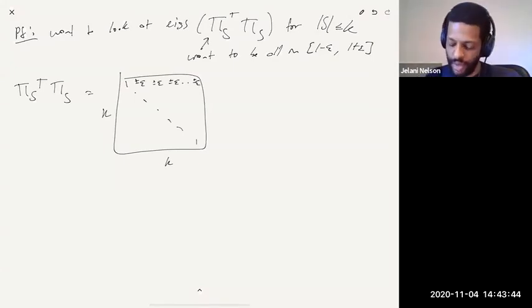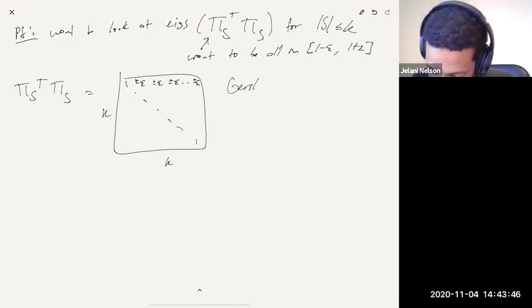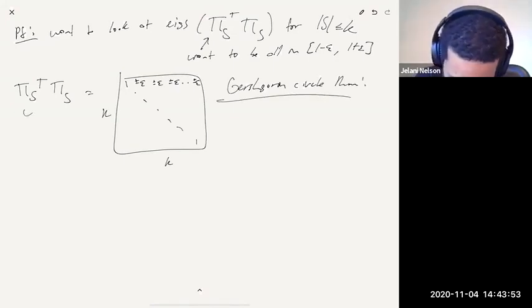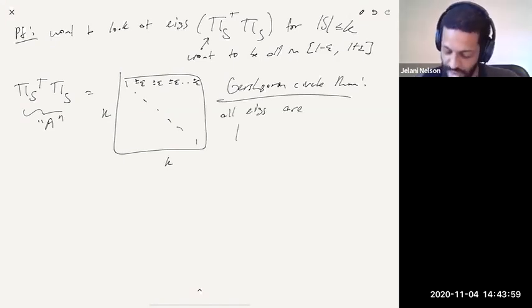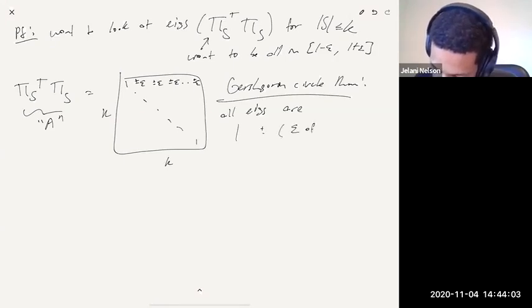So the Gershgorin circle theorem says, let's call this matrix A, all the eigenvalues are some diagonal, all the diagonals are 1, plus or minus the sum of the off diagonals.